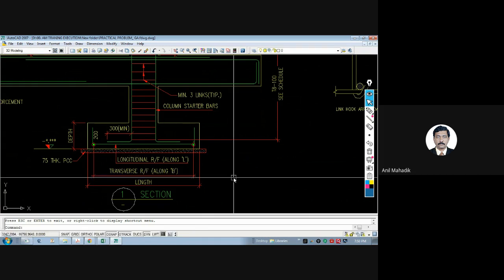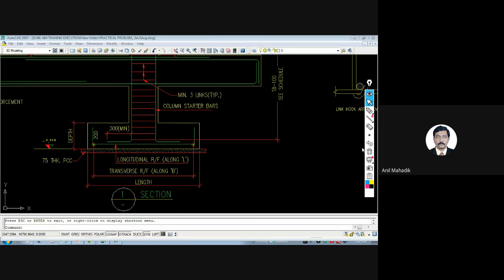So we generally provide PCC below the footing. This projection, whatever you can see here, is generally 100 mm or 75 mm. So this is the PCC projection which you can see in the plan, right? That dotted line is nothing but a PCC.